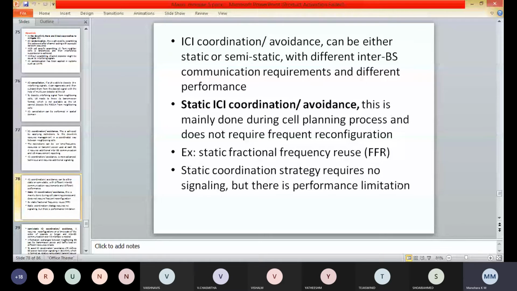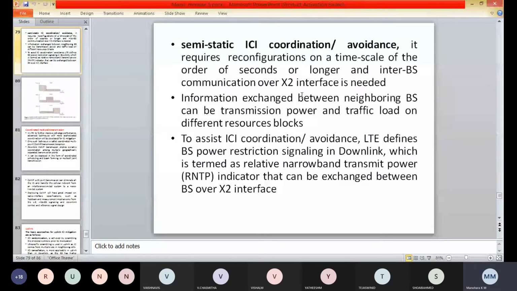The information exchanged between the neighboring E node Bs, the base stations, can be transmission power or the traffic load on the different resource blocks. By considering such information from the neighboring E node Bs, the intercell interference operation is more efficient.